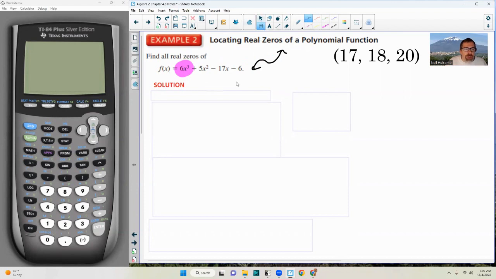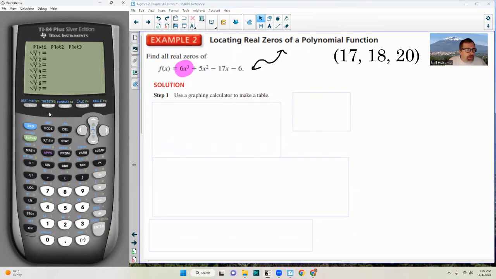Okay, in order to do this with a calculator, the first thing we're going to do is make a table. What I mean by that is you go into y equals and put in the function 6x, then I hit math 3 for cubed, plus 5x squared minus 17x minus 6. So I put the function in y equals.